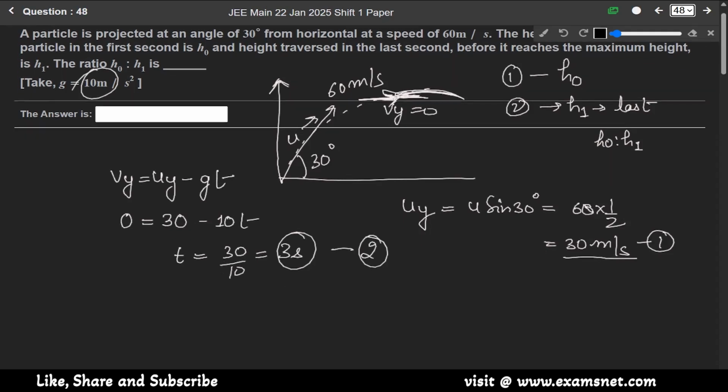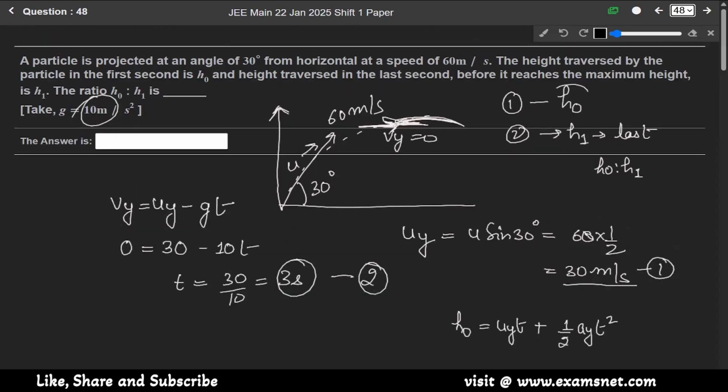Now, again using the equation h naught is equals to uyt plus half ayt square. This h naught means the height traversed by the particle in the first second.